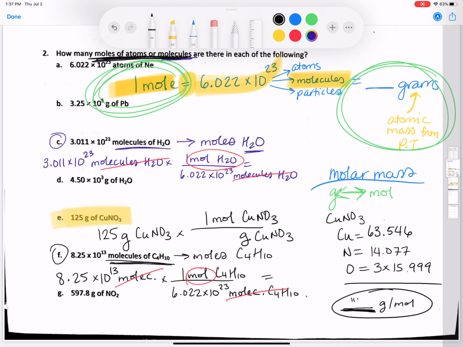So I'm going to go ahead and just put in here 126. It'll be 125 point something or something close to that, right? So I'm just putting 126 in quotation marks. So that number right here would then go in your denominator. And it's probably 125 point something. So grams of this cancels the grams of that, and I'm left with just moles.